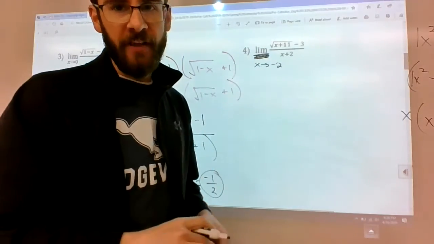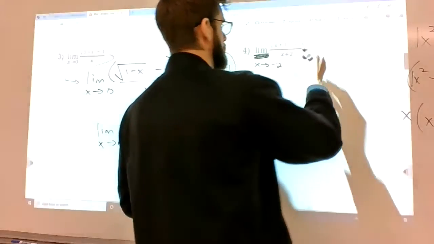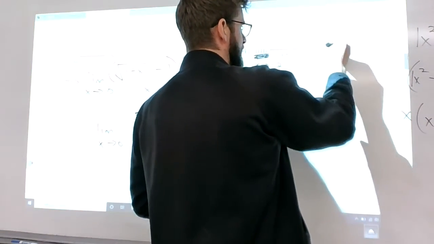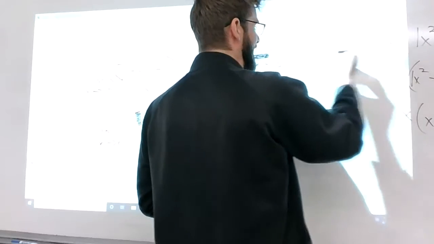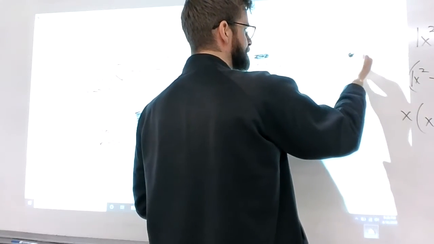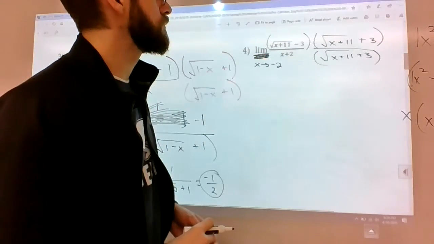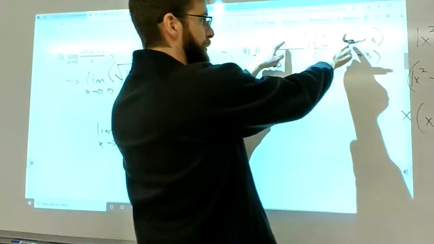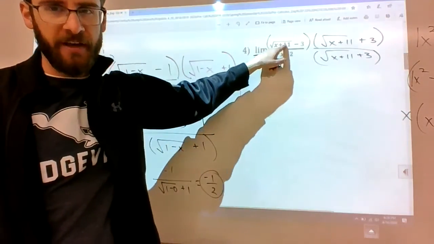All right, hit pause and try that one on your own. All right, let's see what you got. So we're multiplying by the conjugate up top and on bottom. That means that you're basically getting rid of the roots when you multiply these two together.